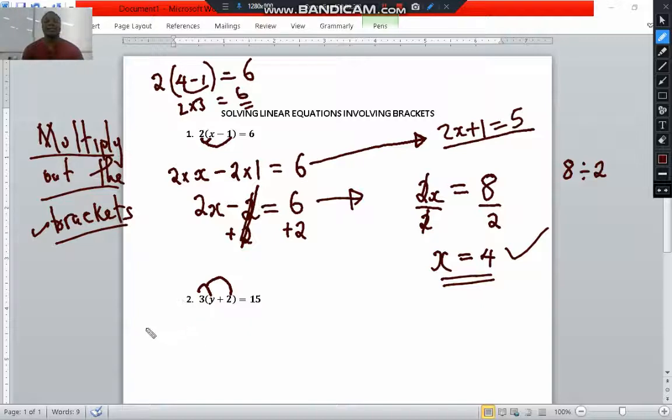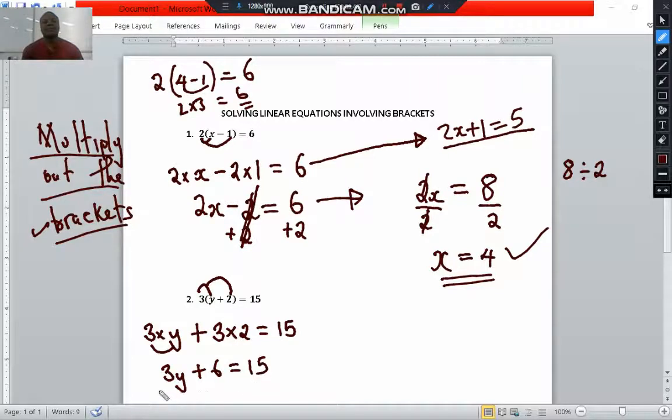So what we are going to say now is 3 times y plus, because there is a plus there, then 3 times 2 equals 15. Now, when we say 3 times y, what we are getting is 3y + 6 = 15.